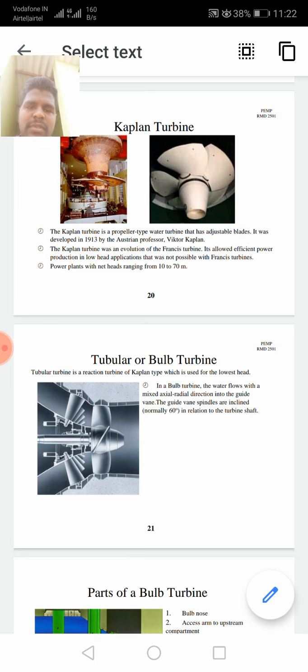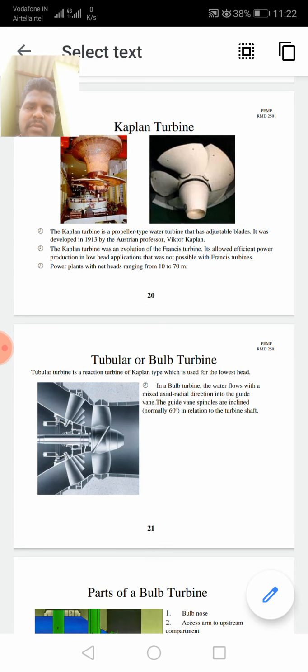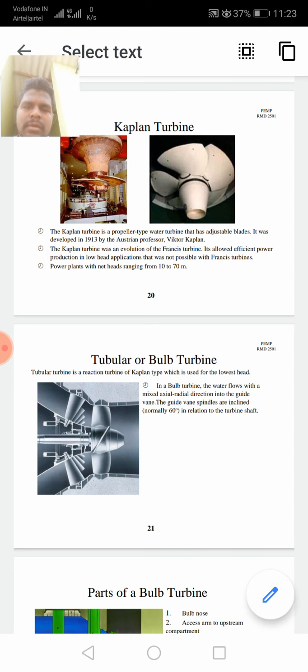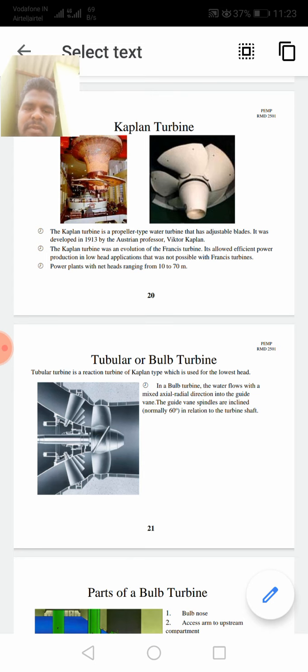It allowed efficient power production in low head applications that was not possible with the Francis turbine. So for low head applications we can choose the Kaplan turbine. Power plants with net head range from 10 to 70 meters.